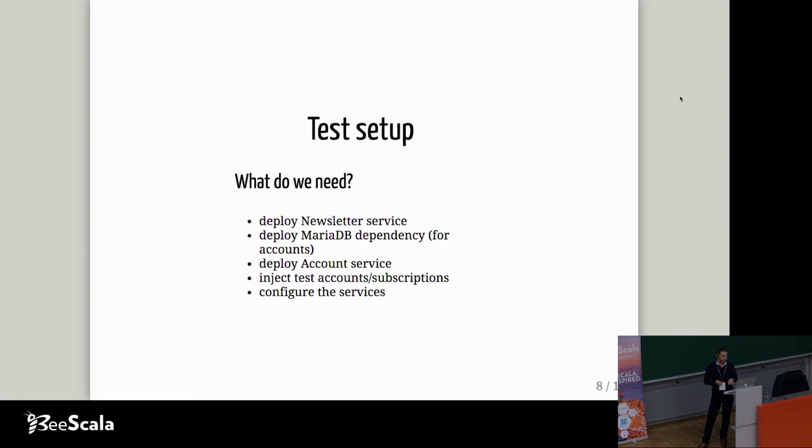and eventually inject some test data with some test accounts that we might need to check later on. And then configure these services so that they know about each other. Like, for the account service, we need to know, let's say, what's the IP or where's the address of the newsletter service, right?